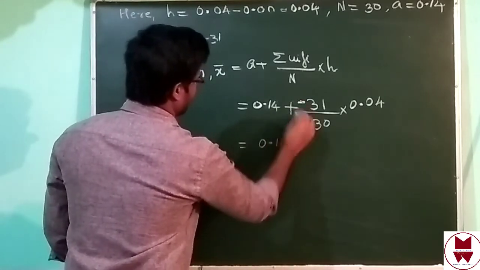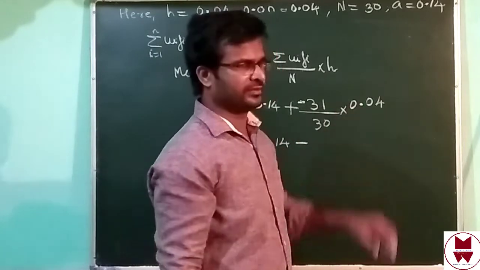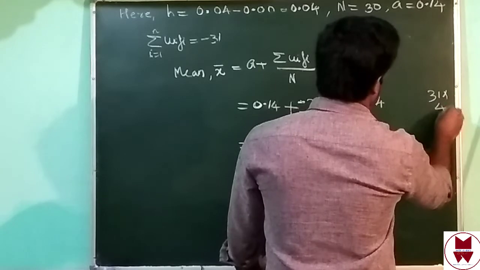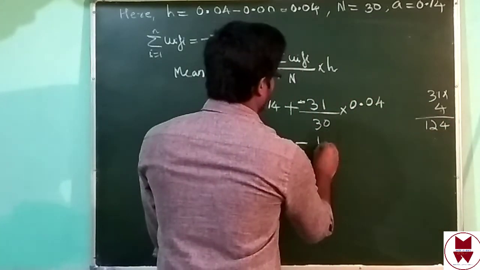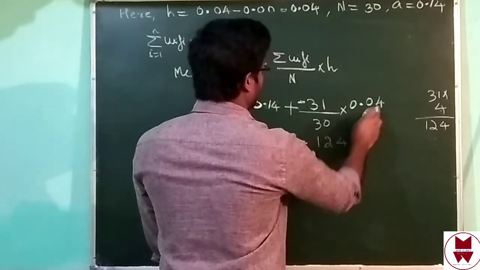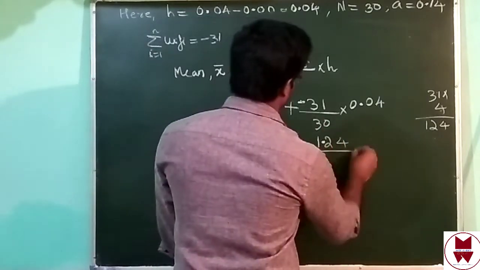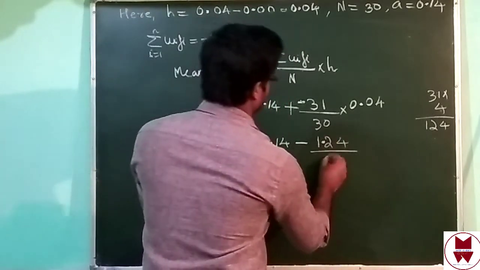We multiply 31 and 0.04. 31 into 4 is 124, after the point two numbers, so 1.24, divided by 30.